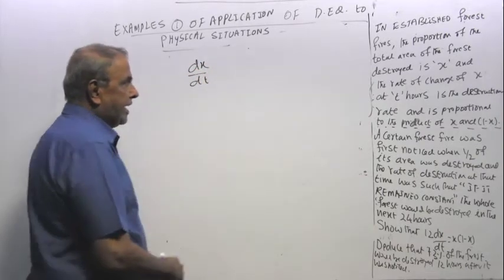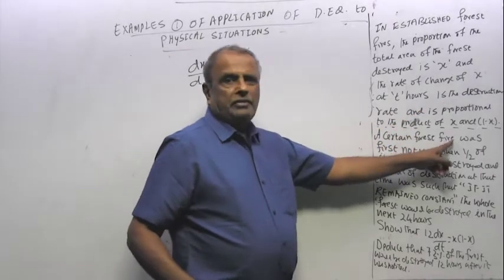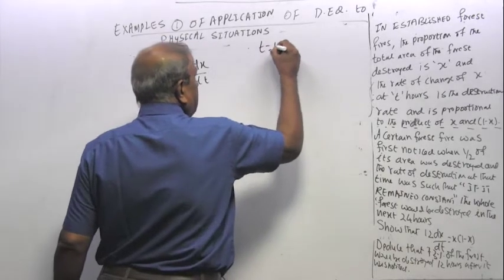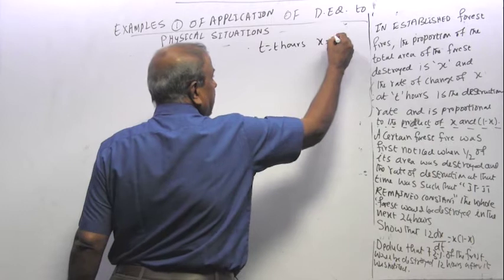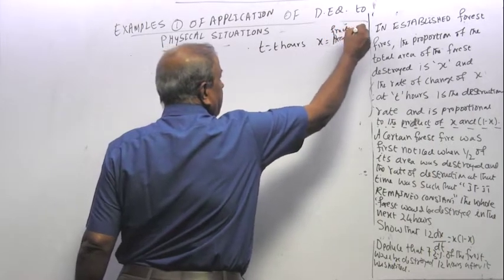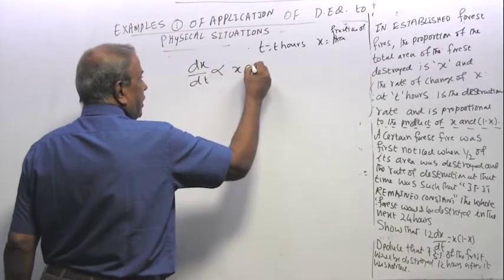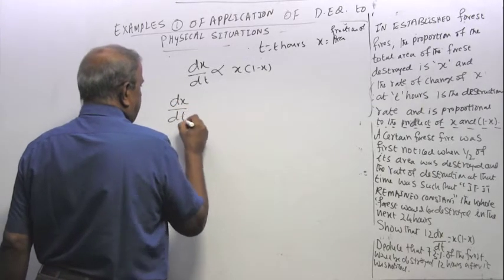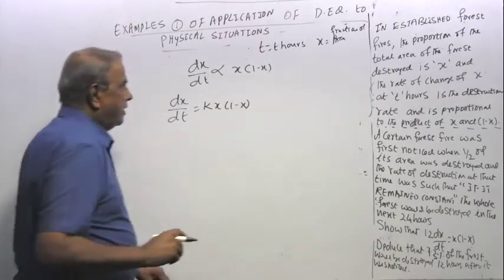The destruction rate is proportional to the product of X and 1 minus X. So, in other words, T equal to T hours, and X is equal to the fraction of area destroyed. So, it's proportional to X times 1 minus X, or dx by dt equals kx times 1 minus X.